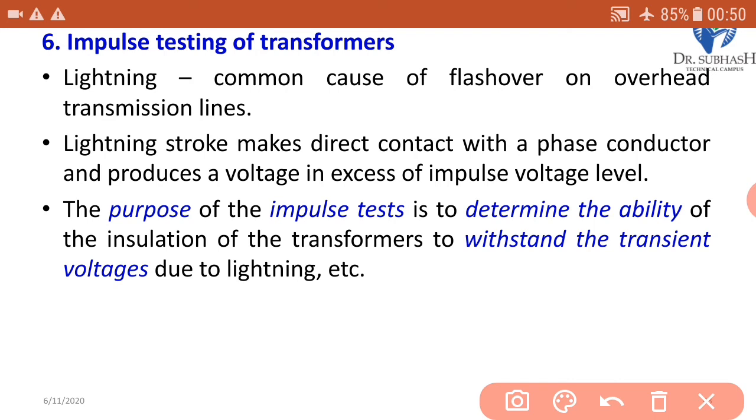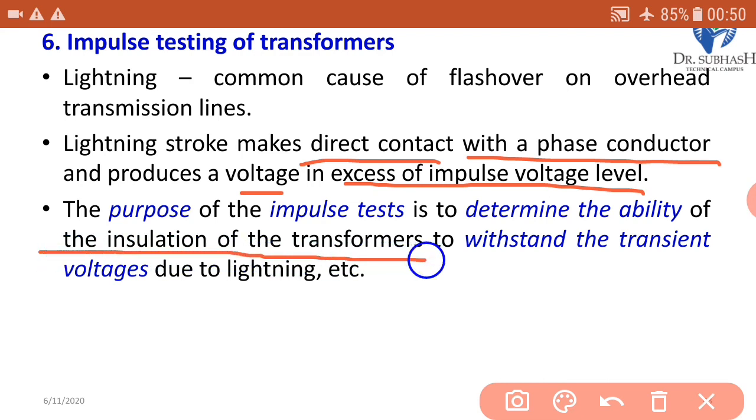A lightning stroke makes direct contact with the phase conductor and produces a voltage in excess of the impulse voltage level. The purpose of the impulse test is to determine the ability of the insulation of the transformer to withstand the transient voltages due to lightning, etc.